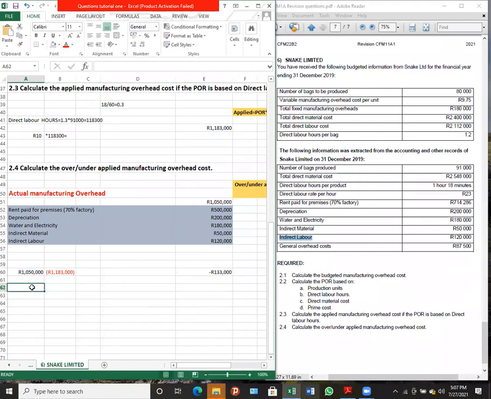Let me put this in the right way. If you can check, guys, is it over or under applied? Over applied. It's over applied, guys.